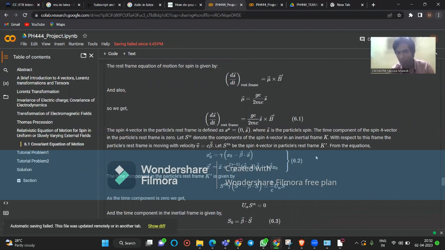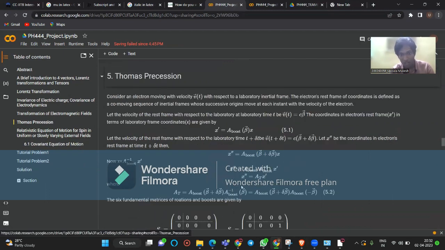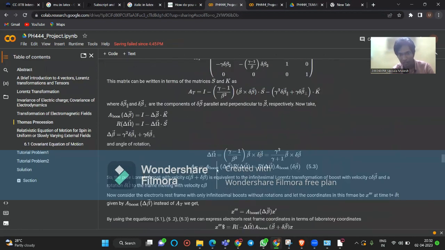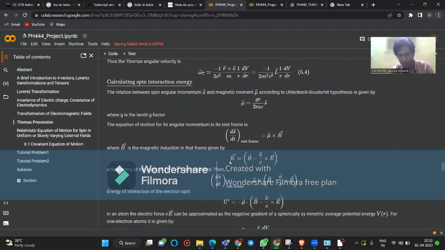And this B bar is given by the equation we have seen in the previous section.